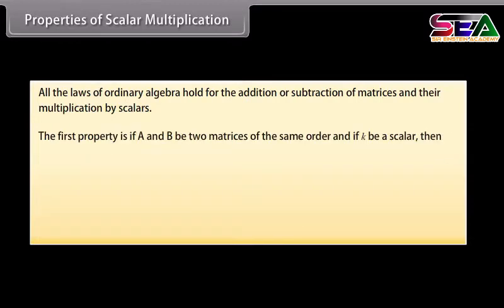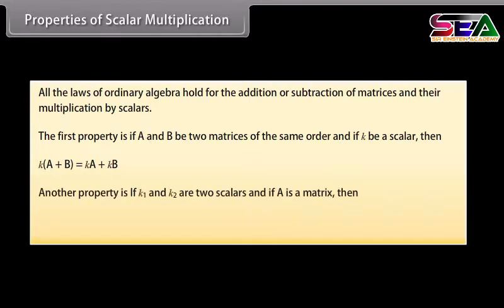The first property is, if A and B are two matrices of the same order and if K is a scalar, then K times A plus B is equal to K times A plus K times B. Another property is, if K1 and K2 are two scalars and if A is a matrix, then K1 plus K2 times A is equal to K1 times A plus K2 times A, and K1 times K2A is equal to K2 times K1A.